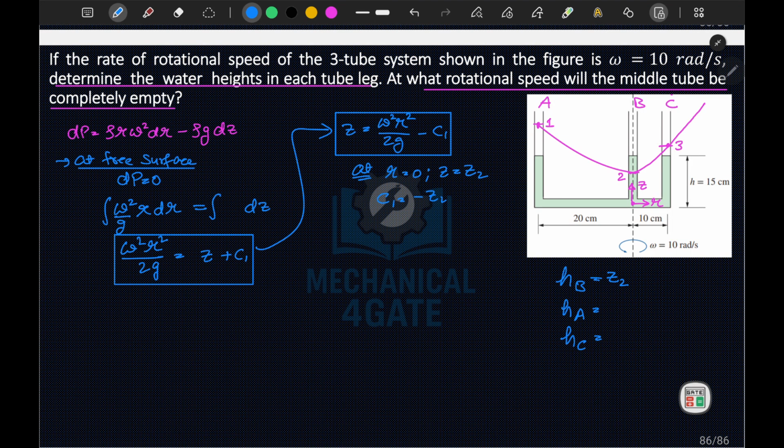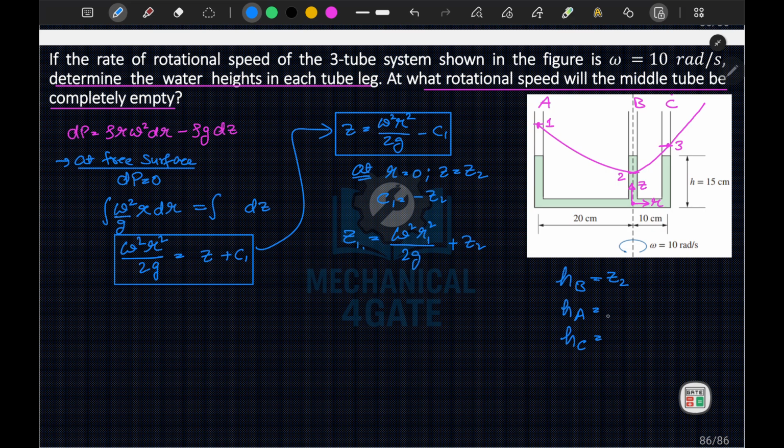So from this equation, what else can I write? That ZA I can write here as omega square, now this is your RA square, or R1 square. I can write R1 square by 2G, minus Z2, or plus Z2, because minus will become positive.